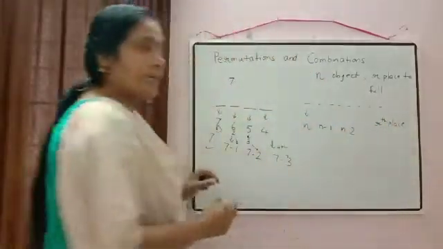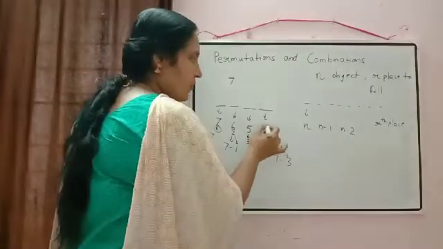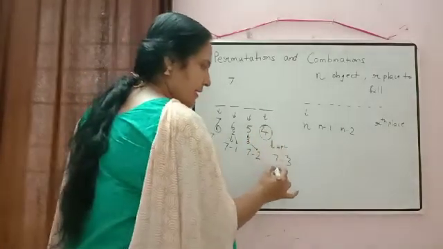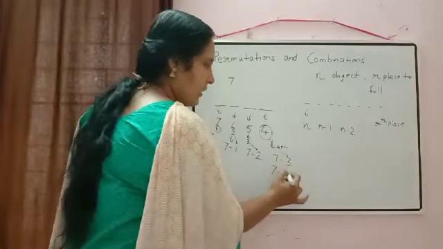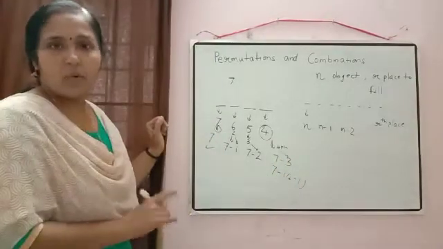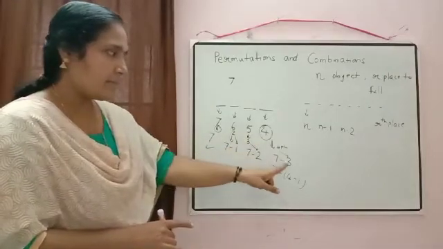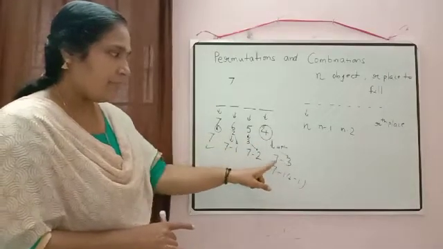Just to check, when we filled the fourth place, it was 7 minus 3, which is the place number 4 minus 1. Whatever place you are writing, you subtract that place number minus 1 from 7.